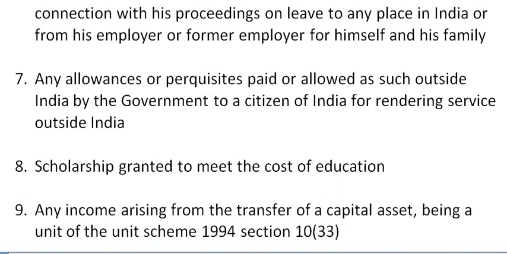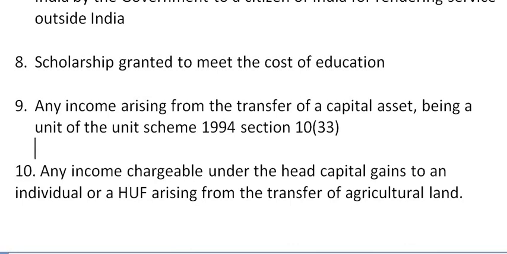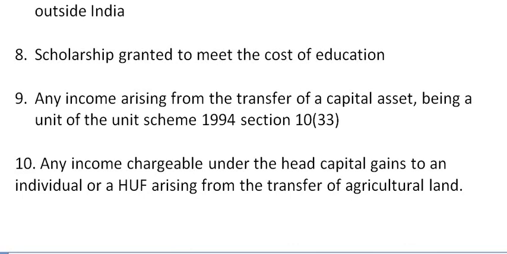Any allowances or perquisites paid or allowed as such outside India by the government to a citizen of India for rendering services outside India. Then scholarship granted to meet the cost of education.